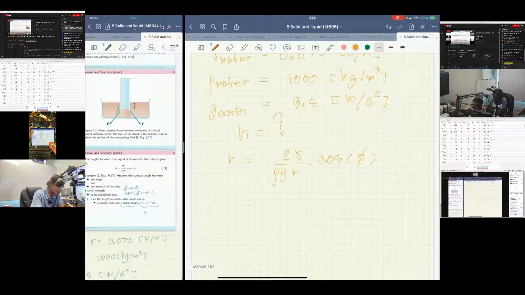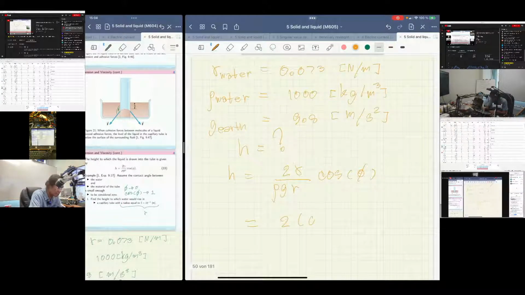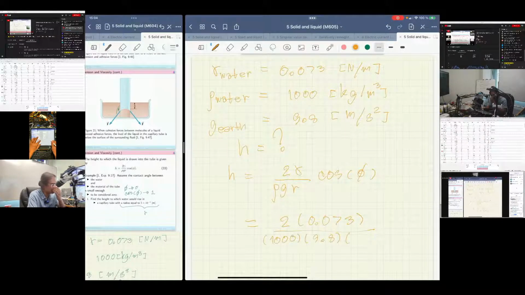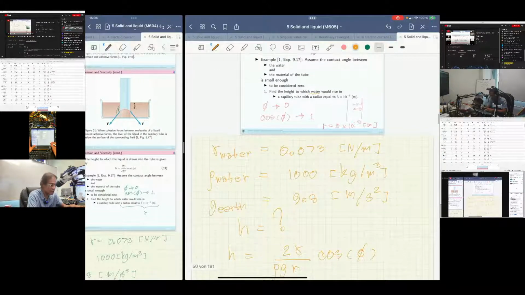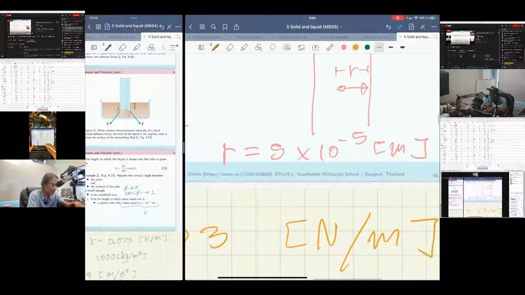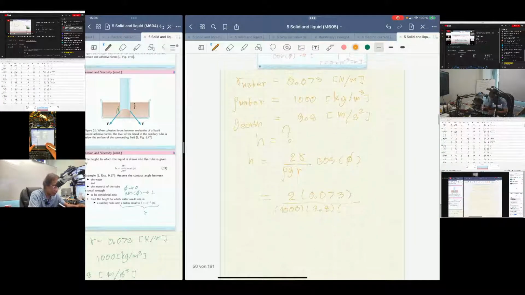And yeah, it's 2 times gamma. Gamma water is 0.073, divided by rho, which is 1000, and g is 9.8, and r is the radius, right? r is the radius, which is 5 times 10 to the negative 5.